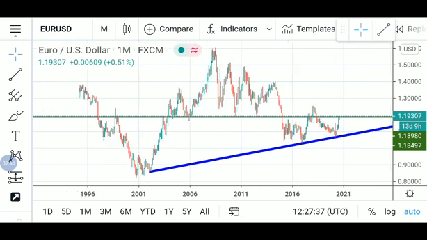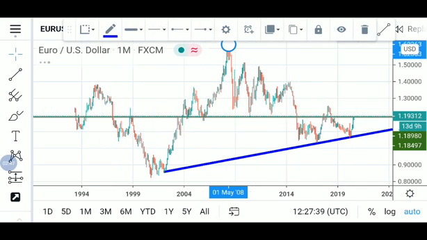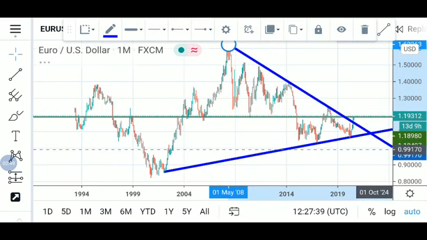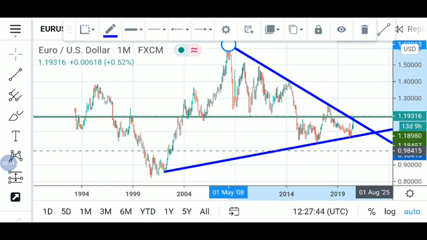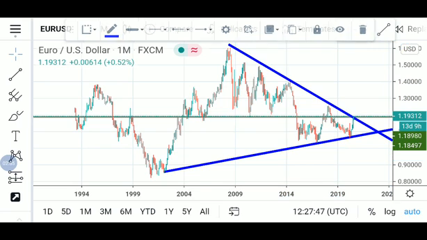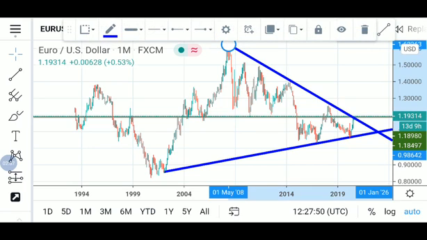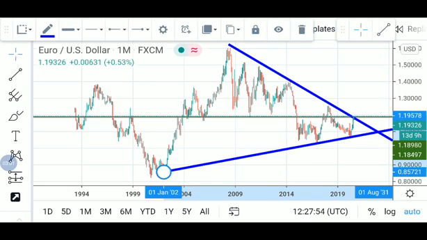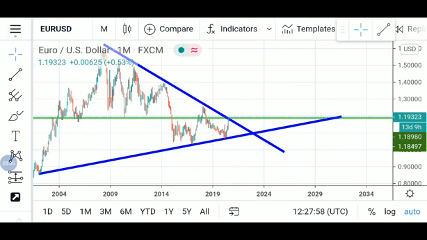Okay, move this out. Unlock these two here. Lock. Okay, so Euro USD, 1 month.